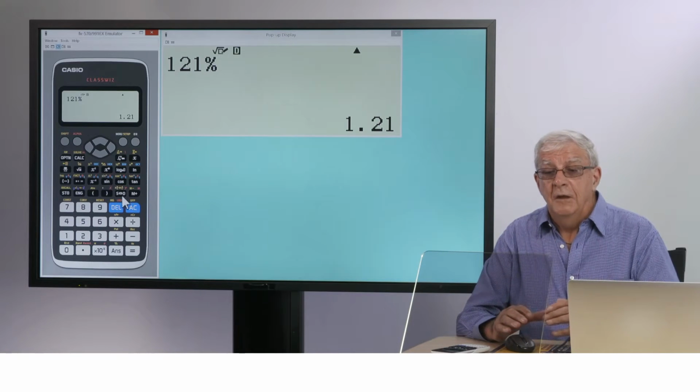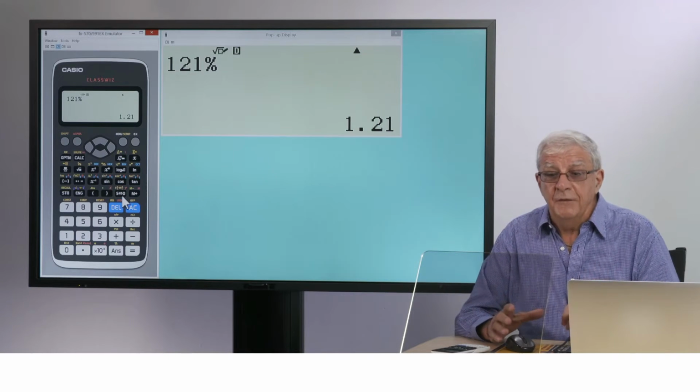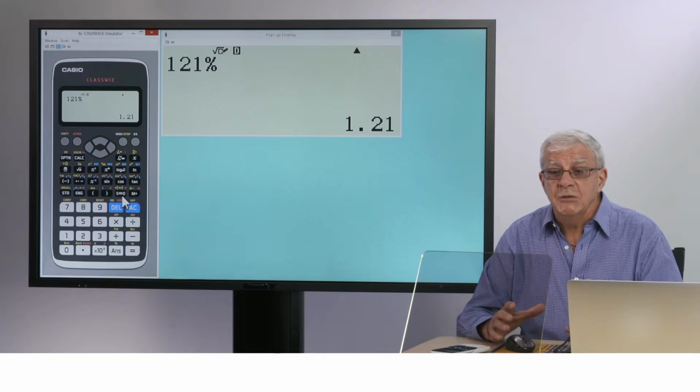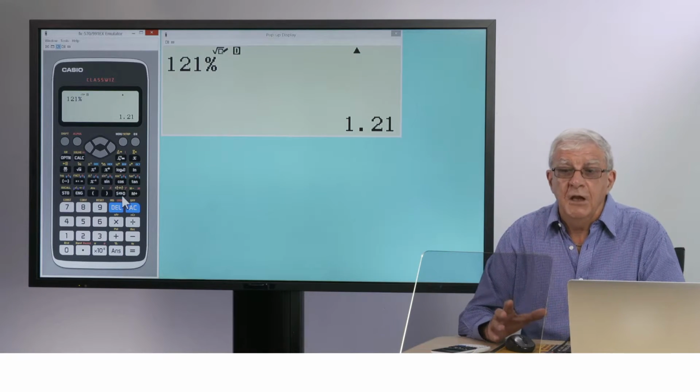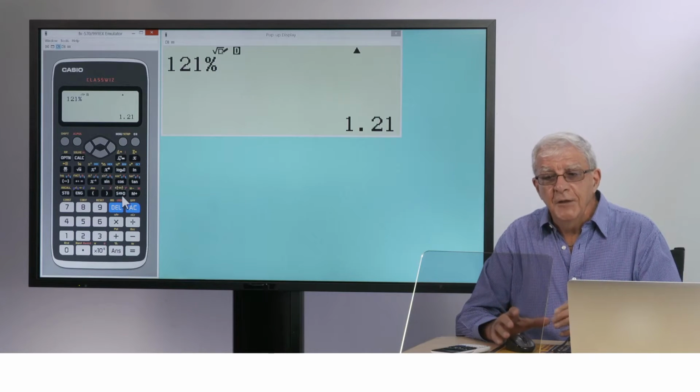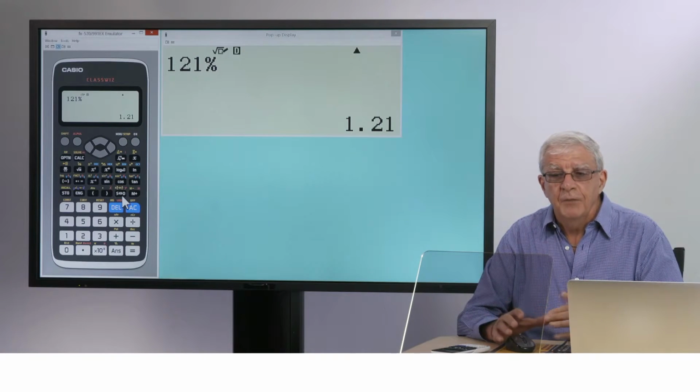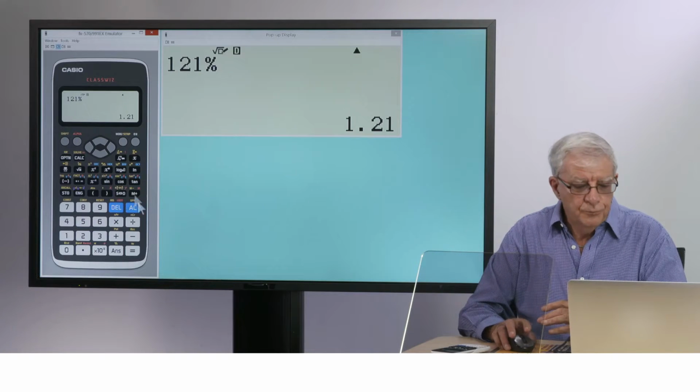Now that we've seen how to enter numbers into ClassWiz and seen how ClassWiz represents them, let's consider what can be learned by students using the calculator. Firstly, thinking about decimals and place value. Students can see on their ClassWiz that adding zeros at the end of a decimal has no effect on the size of the decimal.